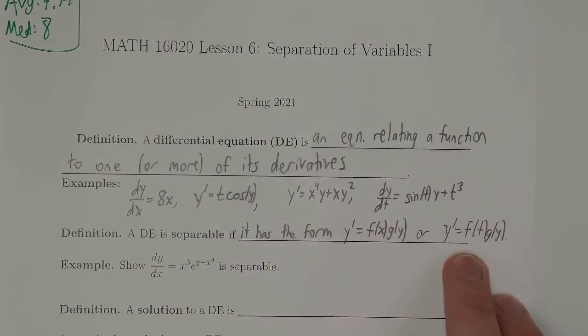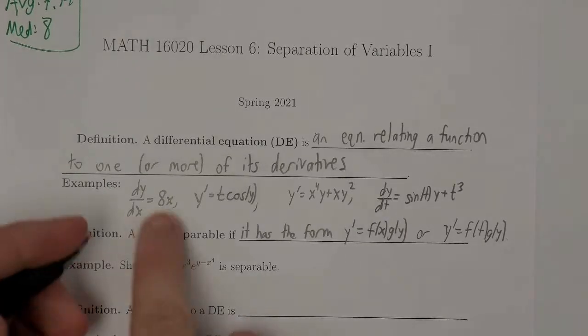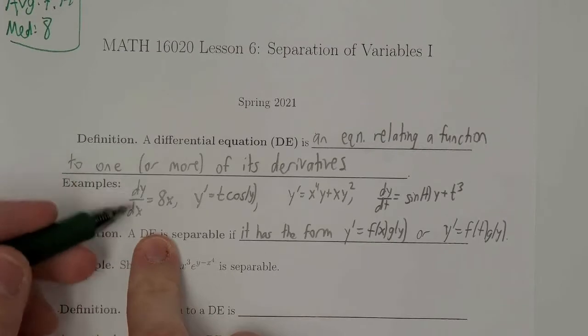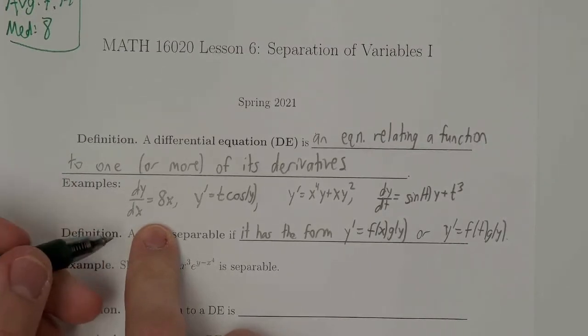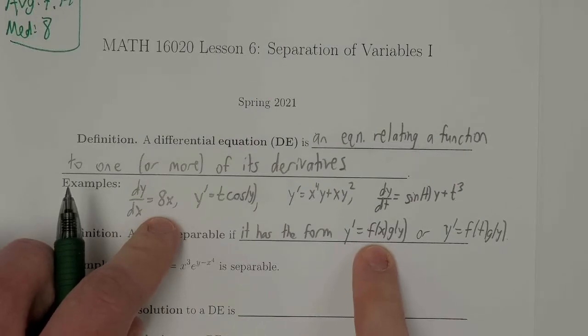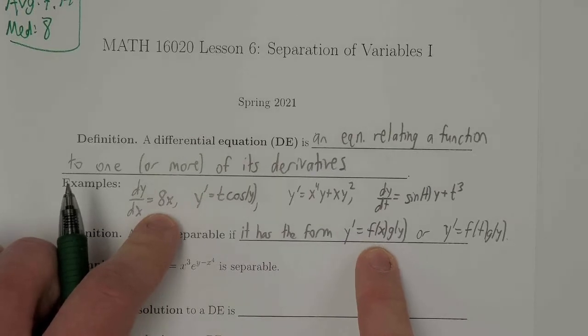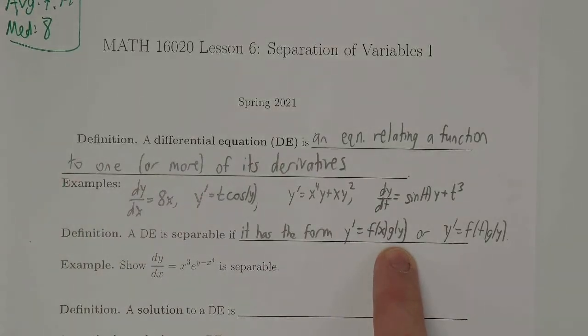Okay? So to give you some examples of what I mean by this, let's take a look at the examples above to see what's going on. With this differential equation, this is actually separable because in this case, we have x as our input variable. So we can write f of x as 8 times x, and g of y can just be treated as a constant function.